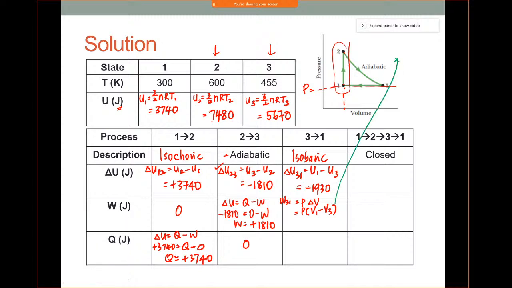Okay, so it links to your ideal gas equation, PV equals nRT. Since nR is constant, the only thing that can change will be your pressure, right? So V1 minus V3 will be nR times T1 minus T3.